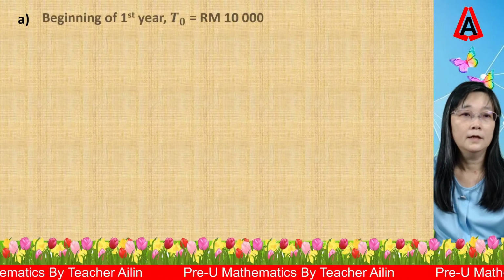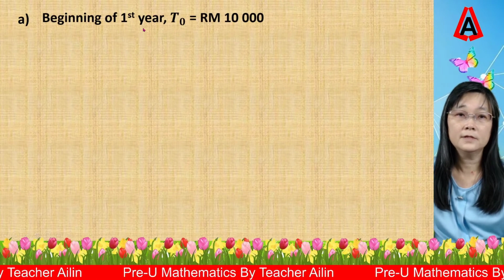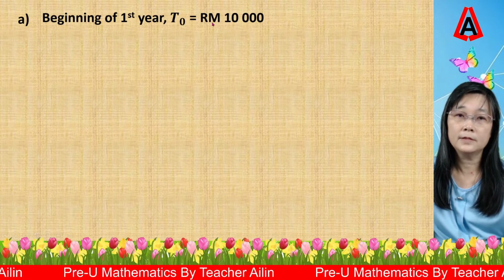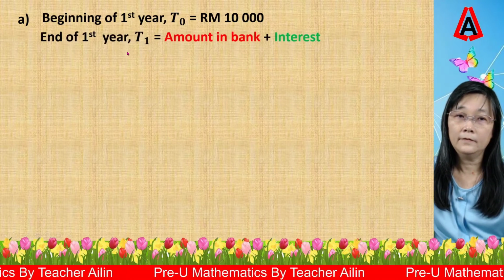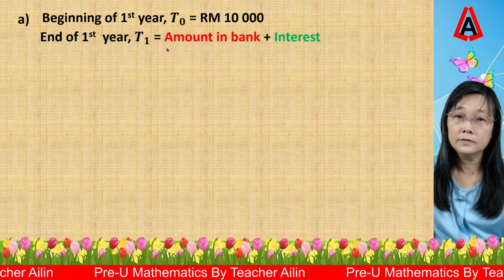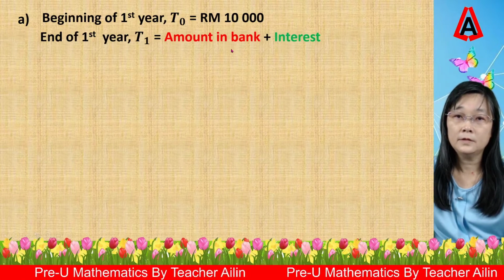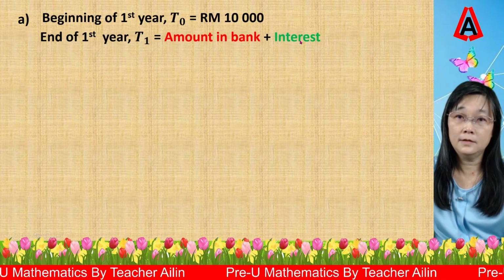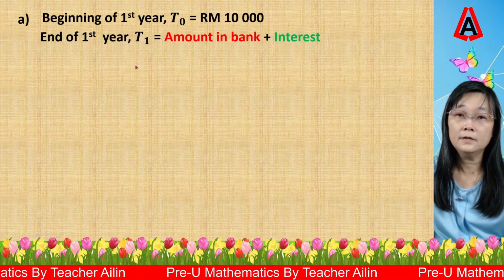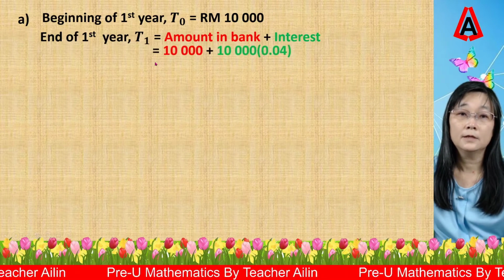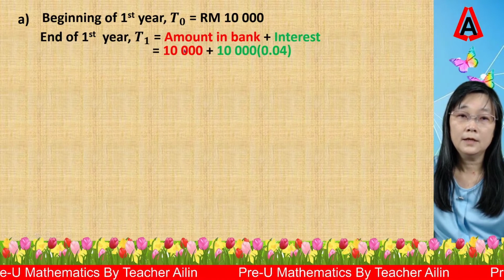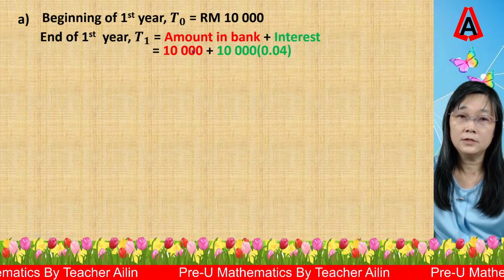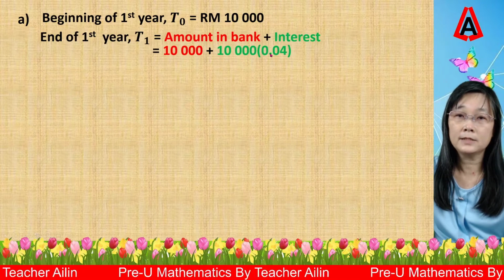Question A. At the beginning of the first year, Mr. Lim deposits RM10,000. Then at the end of the first year, the amount in the bank will increase because of the interest. So after the interest, the amount in the bank is 10,000, that is the initial deposit, plus the interest.